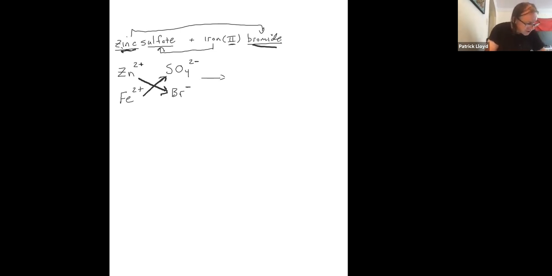The new compounds are going to be the iron with the sulfate. And now you've got to get the formulas right. You've got the zinc with the bromide. But bromide is only -1, zinc is 2, so you need 2 bromides. Got to balance that electrical charge.